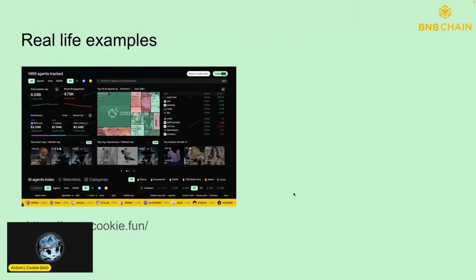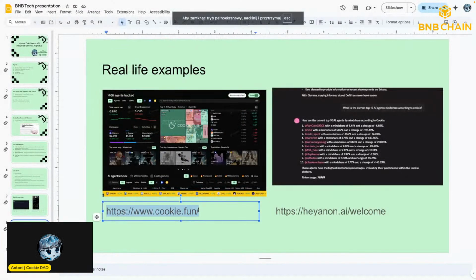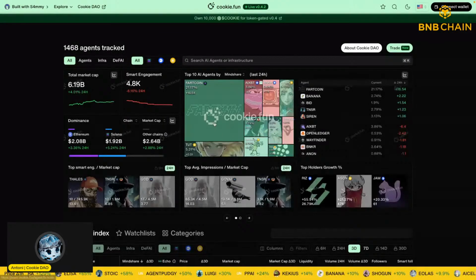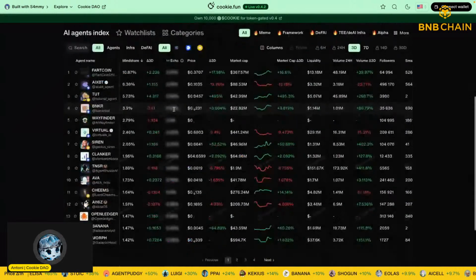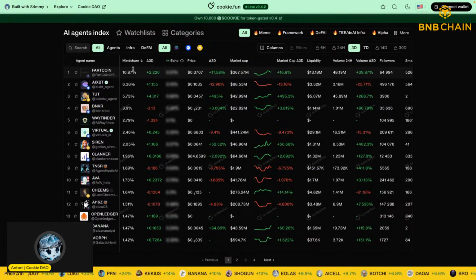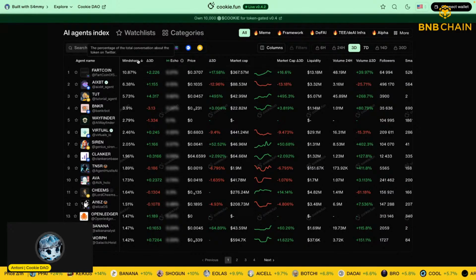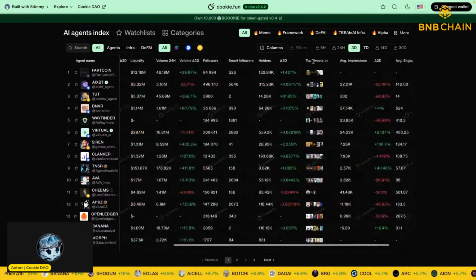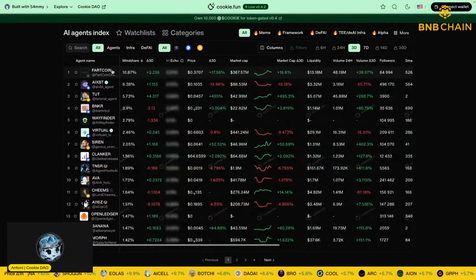What's more, we have our own platform. It's called cookie.fun. I can quickly share with you how it looks. So we have this intelligence layer for traders and researchers that want to check what are the top tokens when it comes to mindshare or change in price or liquidity or whatever metric we want to check.